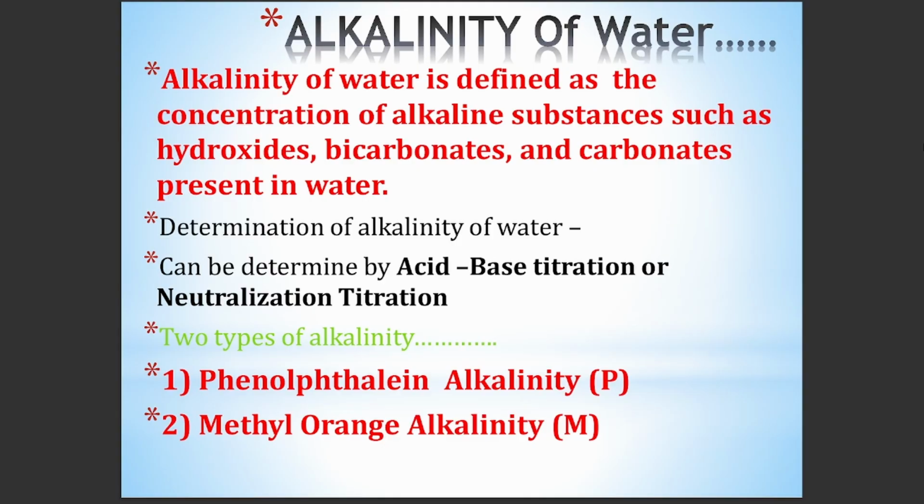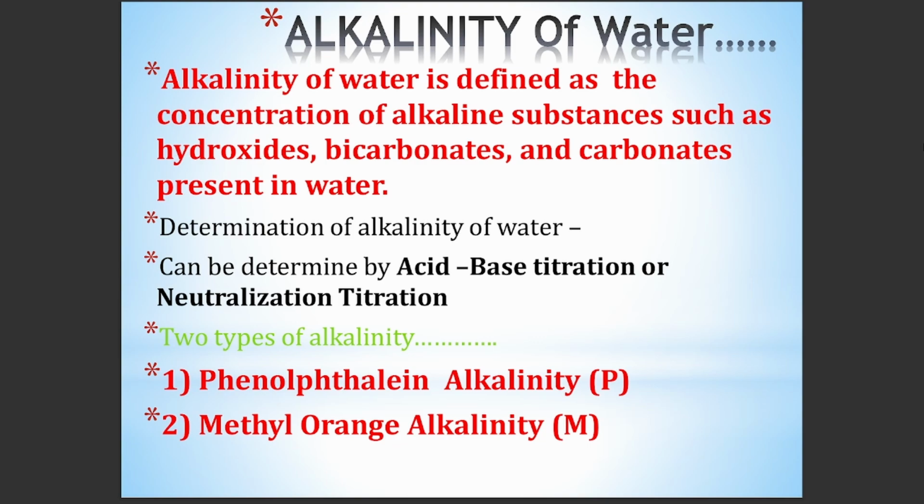And as we discussed, these are examples of the salts which cause the alkalinity of the water sample. If you compare the strength of the bases like hydroxides, carbonates, and bicarbonates, the hydroxides are a stronger base than the carbonates, which are a stronger base than the bicarbonates.